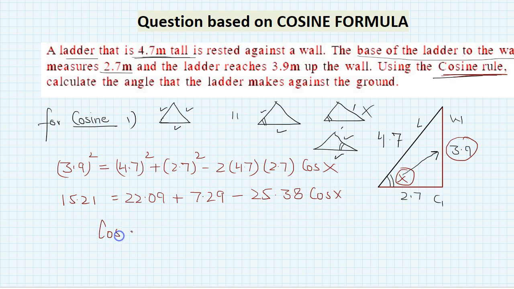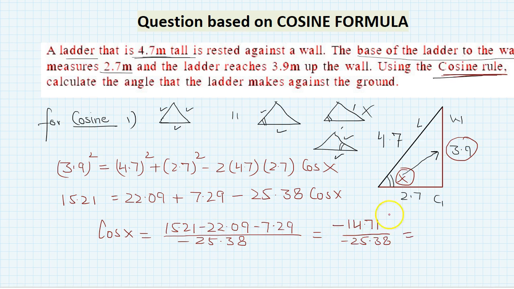So cos x will be 15.21 minus 22.09 minus 7.29, divided by minus 25.38. So this is minus 14.71 and that is minus 25.38.